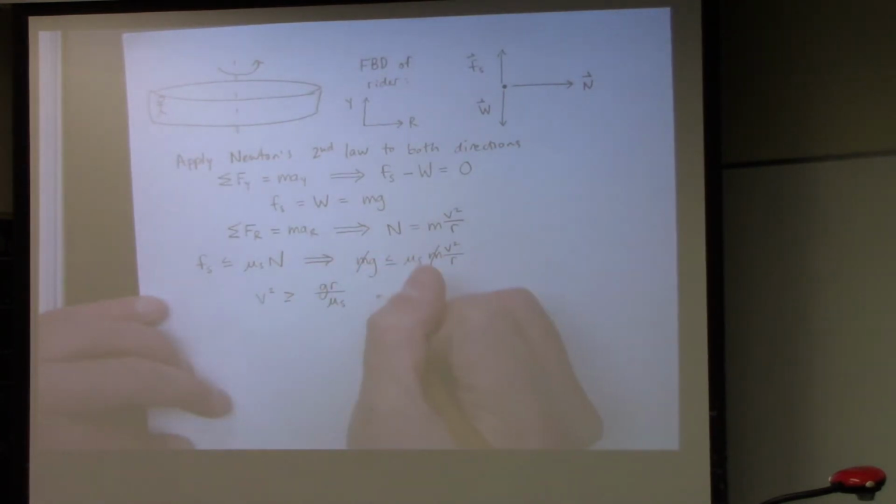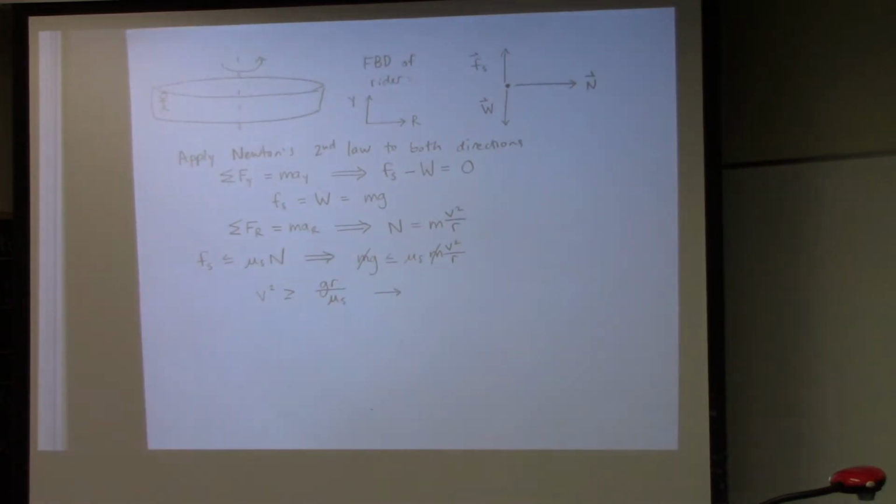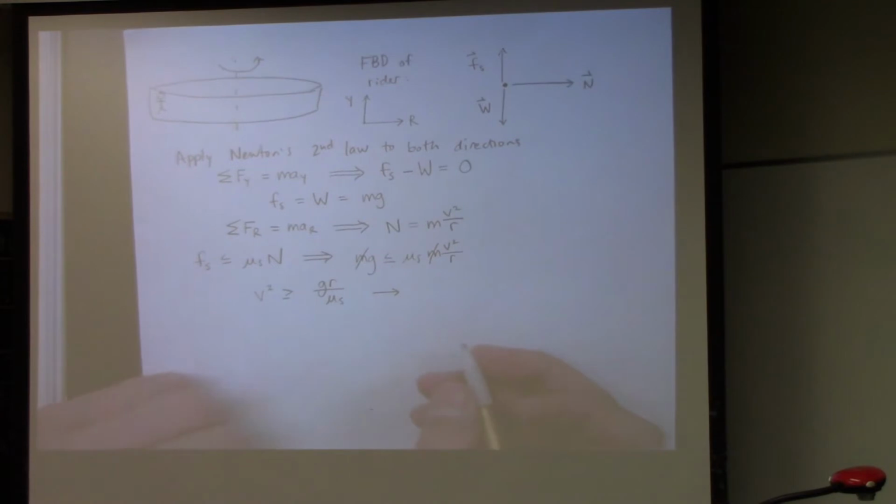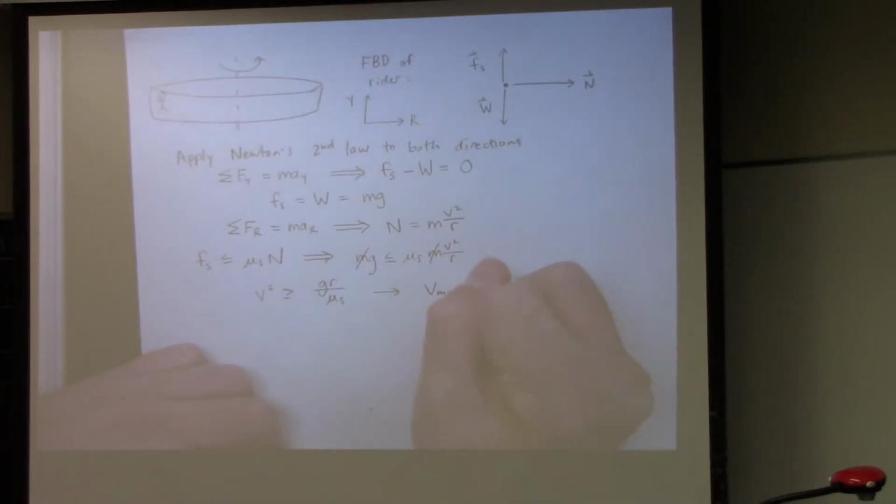And this is telling us that there's some kind of minimum speed here. The speed has to be greater than or equal to something, and that minimum speed is equal to the square root of gr divided by mu s.